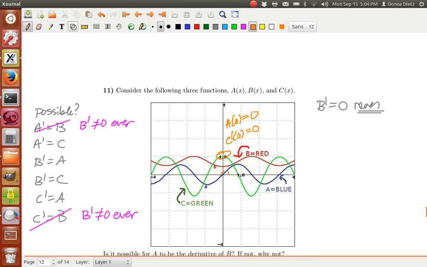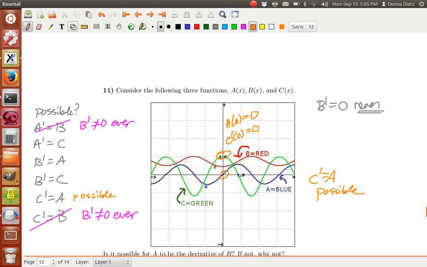Well, this is lovely. So c prime equals a is possible. It's a very strong possibility, and I'm going to make a note, possible here. But I'm going to say, look, it can't be the other way around because why?